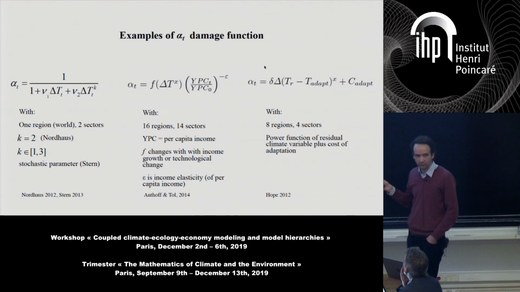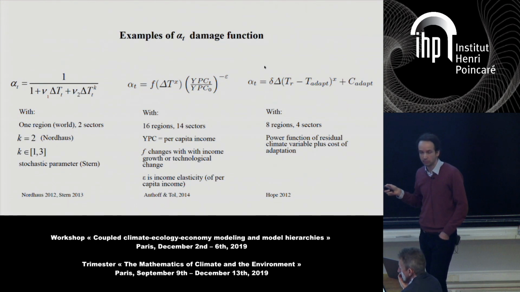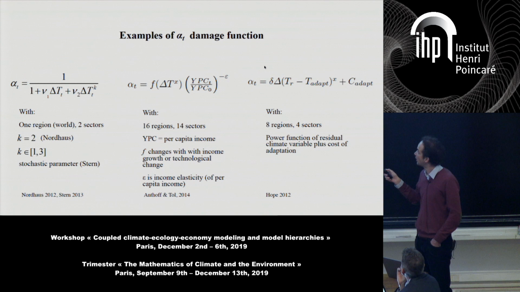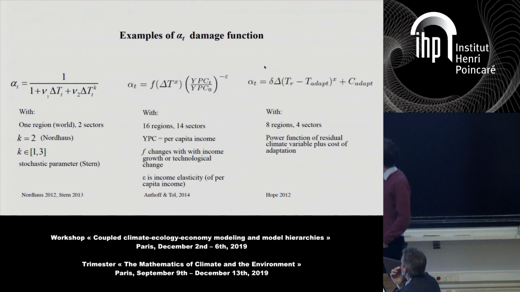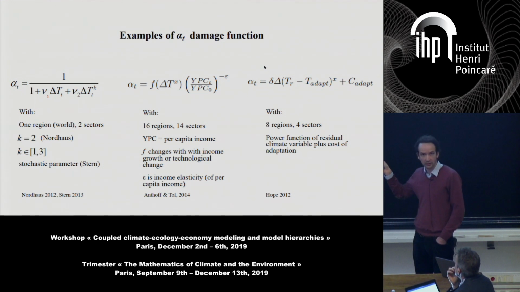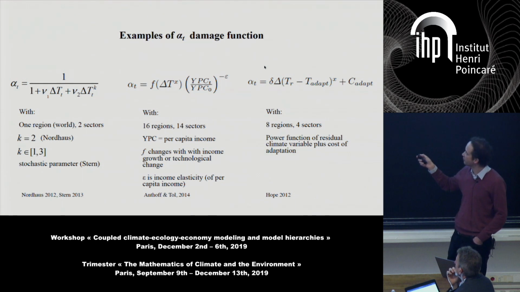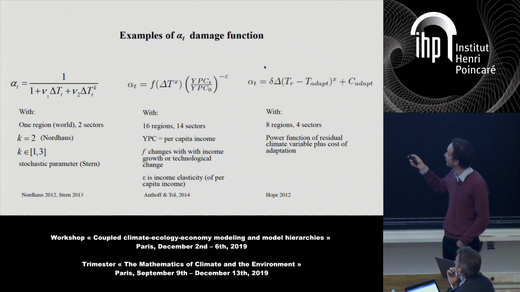Different studies have modeled this damage function in various ways. Here, focusing on this one in the Stern review on climate change. This is the same damage function used in the DICE model of Nordhaus. And you see that the only thing that varies between Stern and Nordhaus is the quadratic function here.